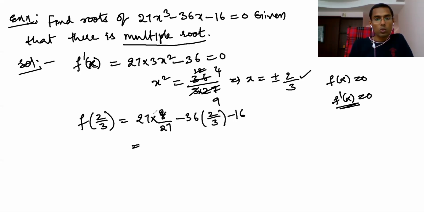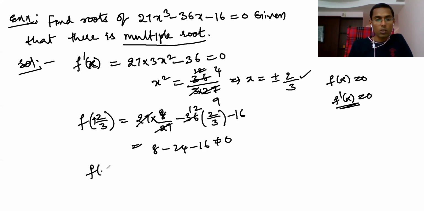Let's see whether this is 0 or not. So 8 minus 24 minus 16. Obviously not. So I am taking minus 2 by 3 instead.